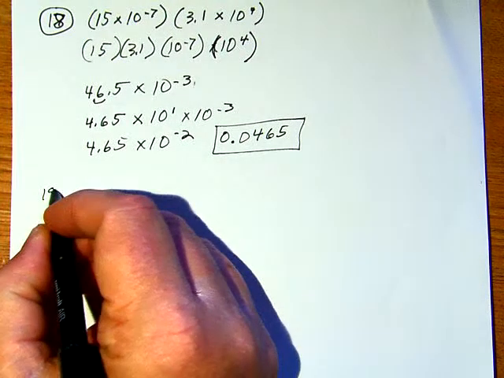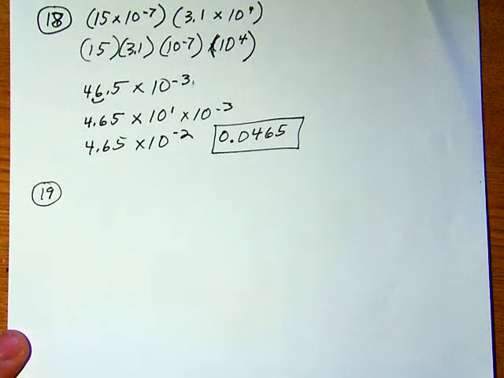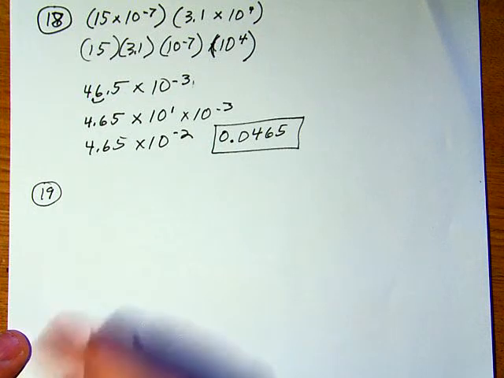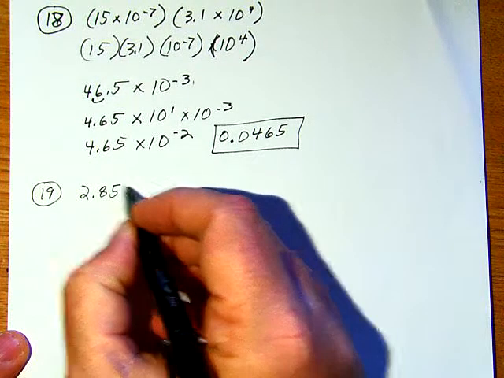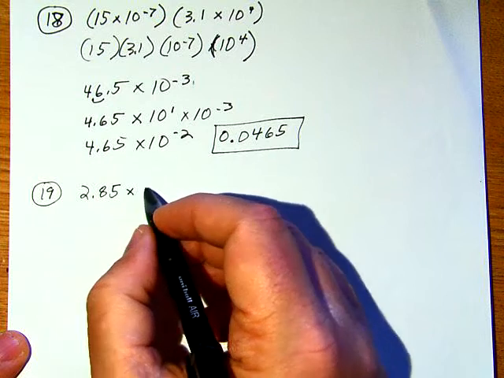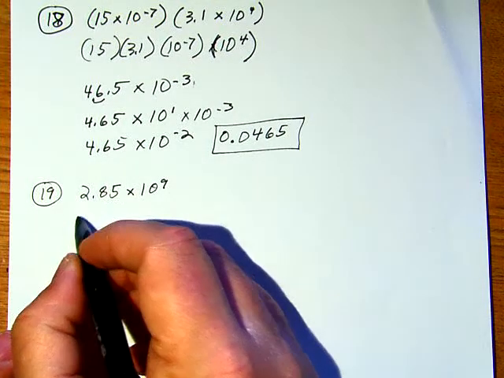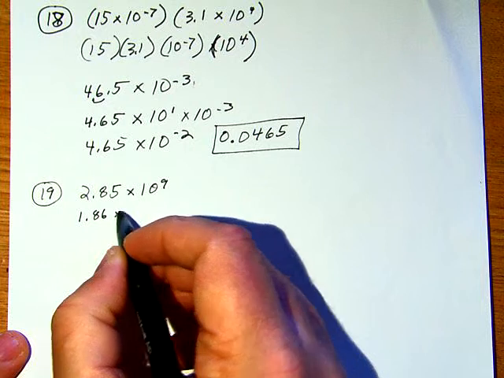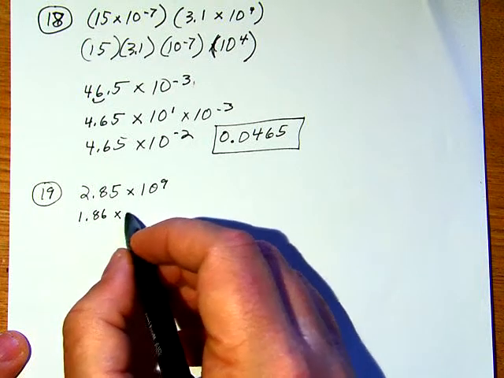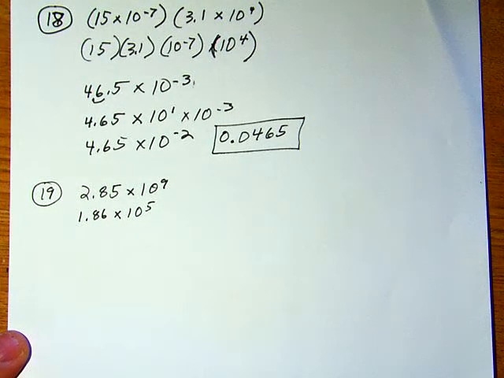Number 19. A space probe that is 2.85 times 10 to the 9th miles away from Earth sends radio signals to NASA. If the radio signals travel at the speed of light, which is 1.86 times 10 to the 5th, how long will it take the signals to reach NASA?